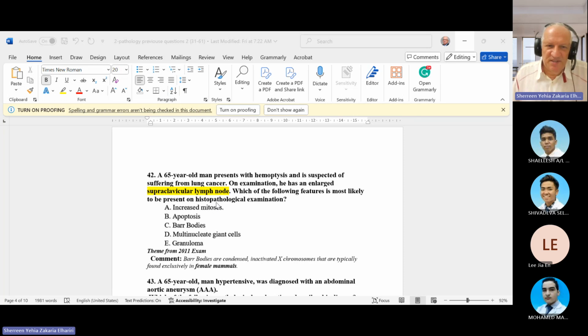Apoptosis is programmed cell death, and can be a physiological process. Barr body is something in the chromosome. Multinucleated giant cell and granuloma are the same word, an aggregation of macrophages that occurs in tuberculosis and in Crohn's disease.